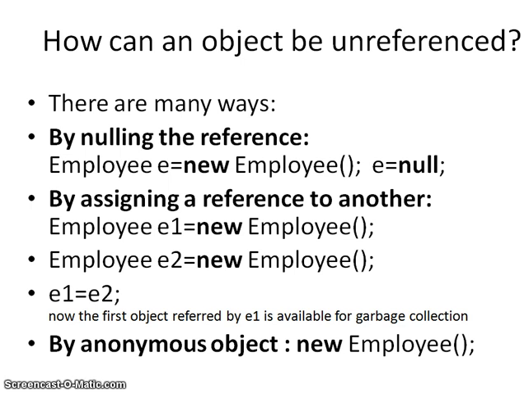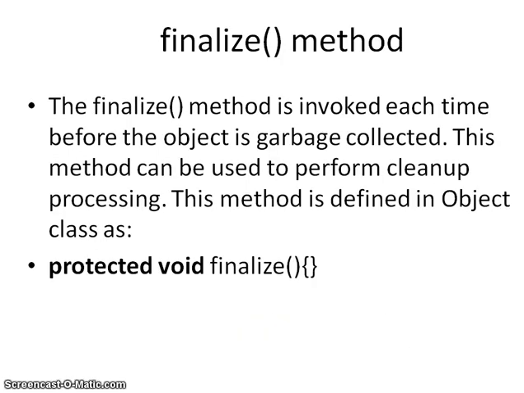Anonymously, no variable for the object is given. In such a case, it is an unreferenced object, and that object can be destroyed and is eligible for garbage collection. So this is an example of garbage collection.